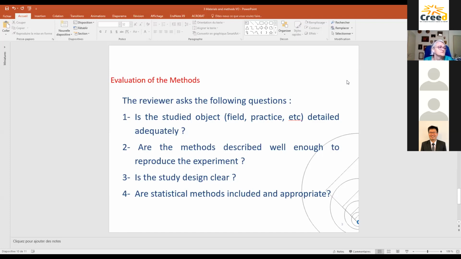And we come to the statistics. Are the statistical methods included? Are they appropriate? There is a phrase in English by an American author: lies, damn lies, and statistics.